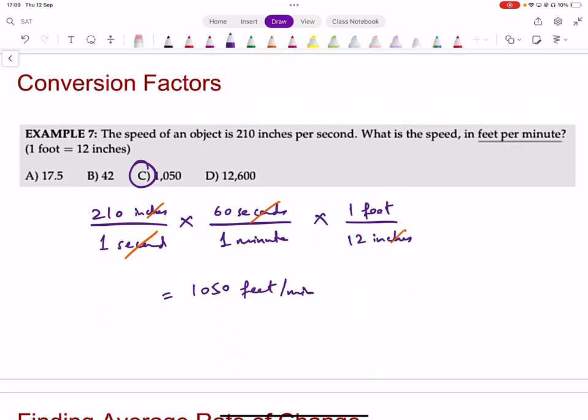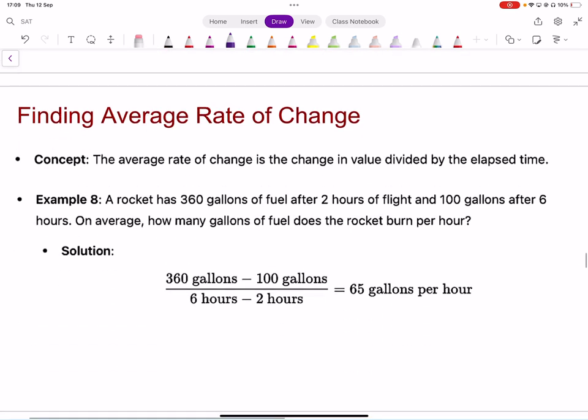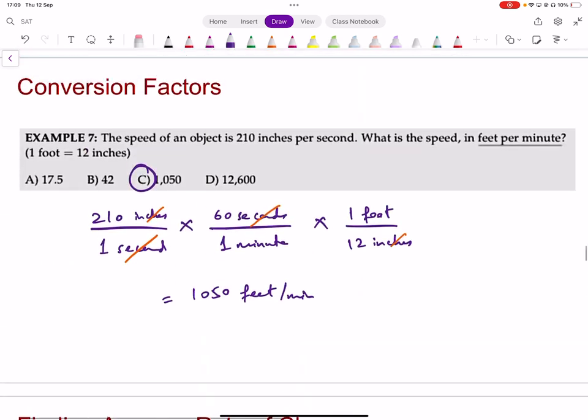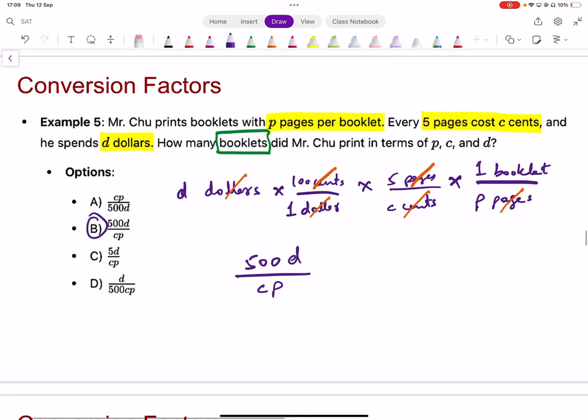Okay? All right. So that's about conversion factors. You should remember how to use this. It's extremely helpful in some more complicated cases like this one, for instance. It is very useful.